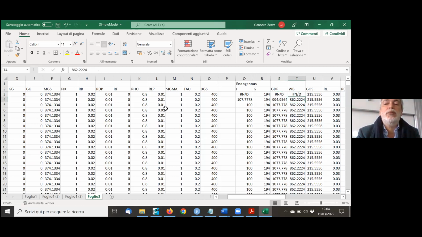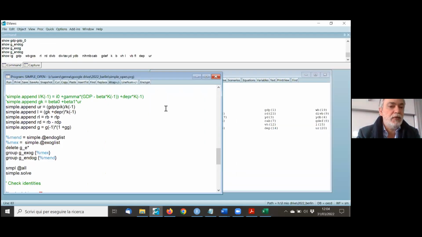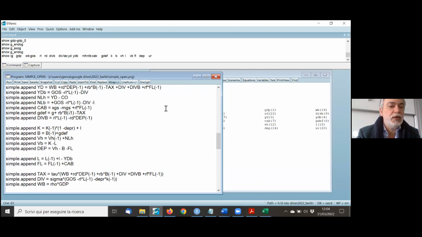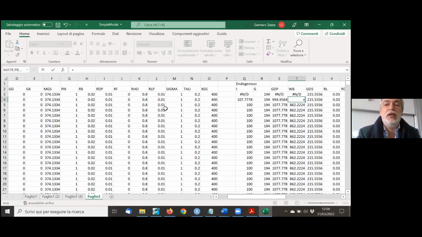This is the wage bill, which is given by the fraction rho of GDP. So again, we use the spreadsheet to compute it. The gross operating surplus is GDP less the wage bill.